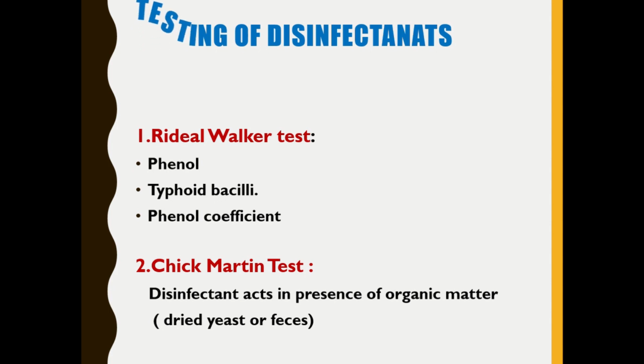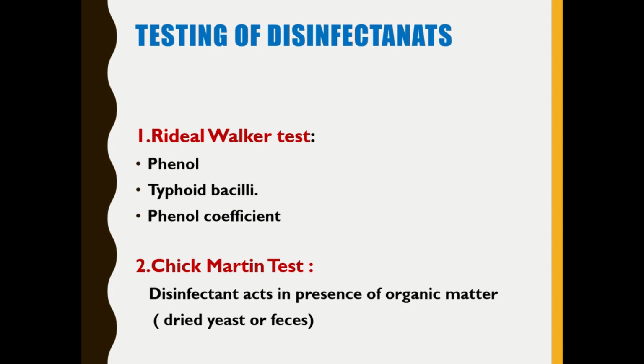For testing of disinfectants, mainly two methods are used: the Rideal-Walker test and the Chick-Martin test. Among these, first we'll see the Rideal-Walker test, where phenol is used as the standard and the bacterial culture used is the typhoid bacillus. Here the test disinfectant is diluted and similar dilutions of phenol are also prepared, and a fixed volume of typhoid bacilli is added to both and allowed to act for a fixed time.